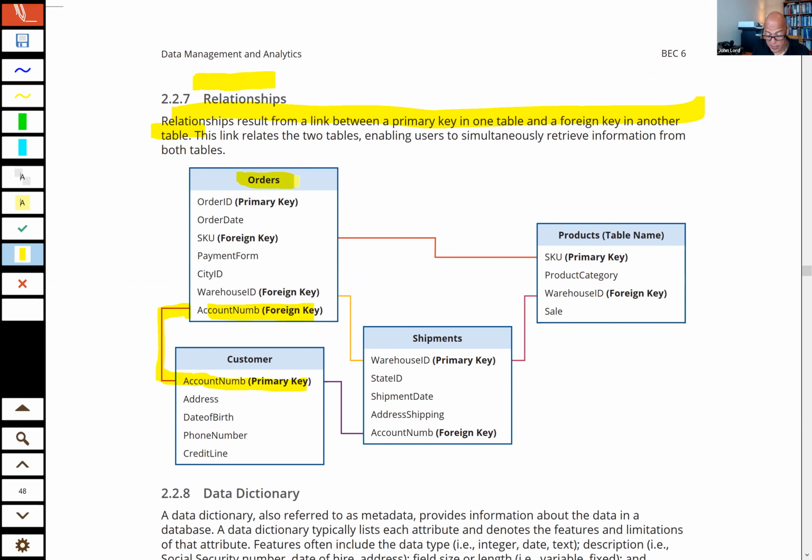So maybe a customer calls us and says, hey, where's my order? Okay, what's your customer number? Boom, it links us up to the order key. So maybe we can answer a particular question about whatever they're asking us.